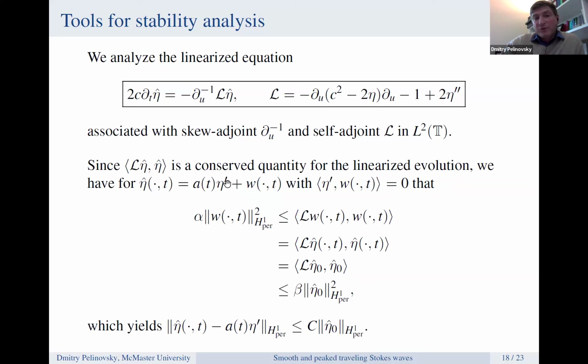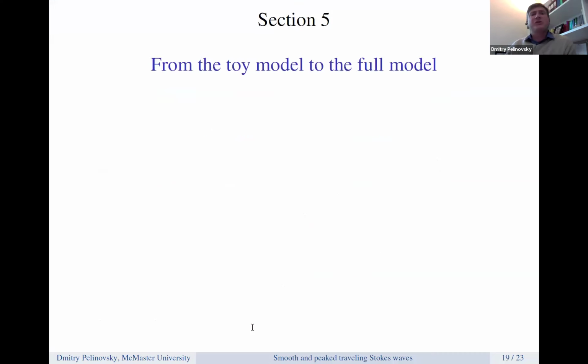Then we decompose it into a neutral mode and the remainder term, and require orthogonality of the remainder term to the neutral mode. Now the quadratic form is fully coercive with respect to this perturbation. And the quadratic form is conserved in time, and bounded in the space of H1, from which we immediately have the H1 stability bound of the linear theory.